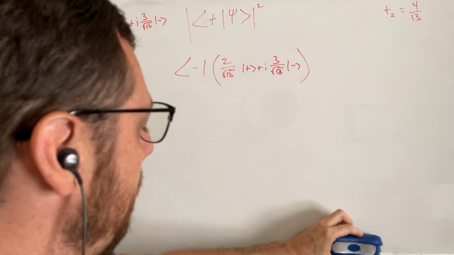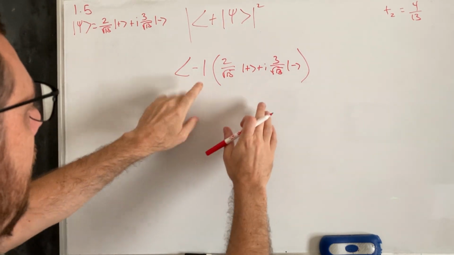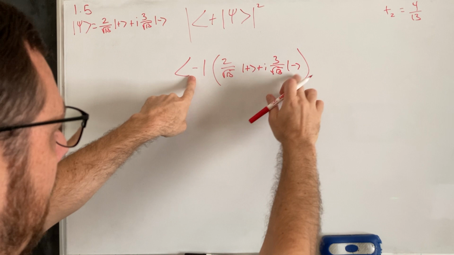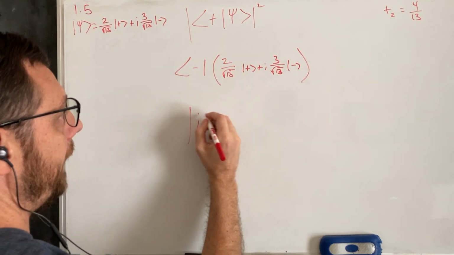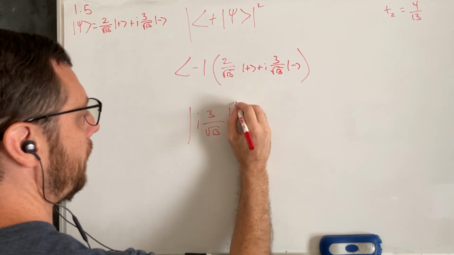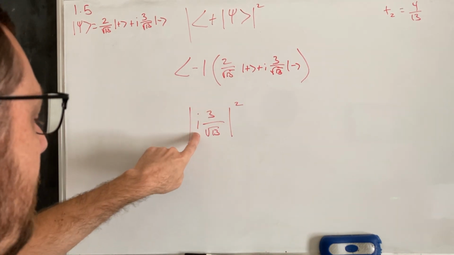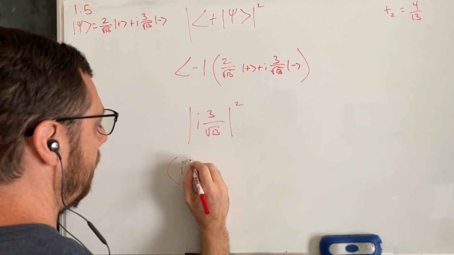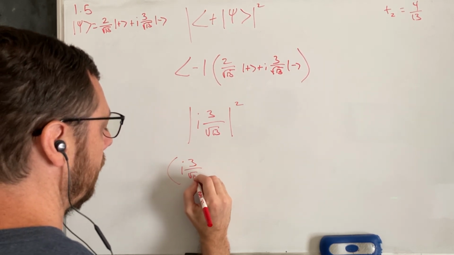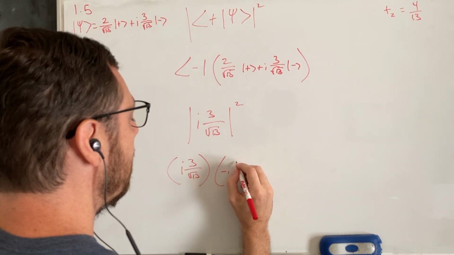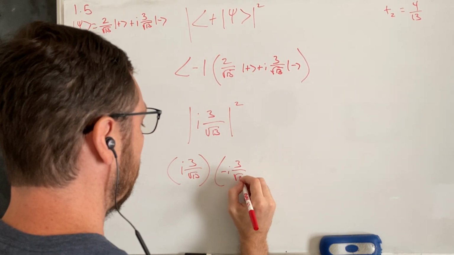Same thing, we're going to distribute this down. Now this time, the down and the up cancel out, and the down and the down, we'll keep that. So we have i 3 over root 13 and square that. Whenever you square something with an imaginary number, you have to take the complex conjugate. So we have i 3 over root 13 and multiply it with its complex conjugate, negative i 3 over root 13.